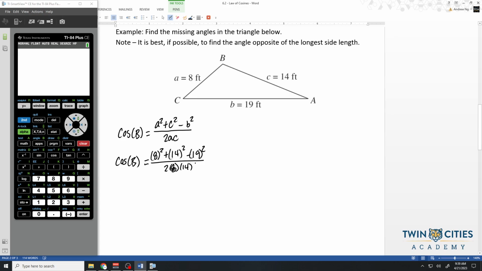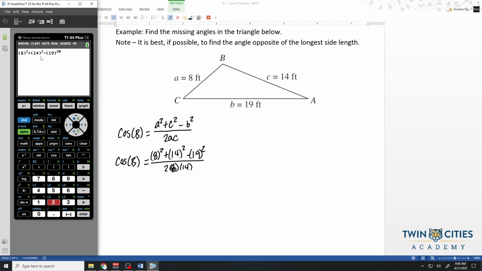All right, I have to be really careful in my calculator. I'm just going to do the top part first. So we'll do 8 squared, like so, and then plus 14 squared, and then minus 19 squared.